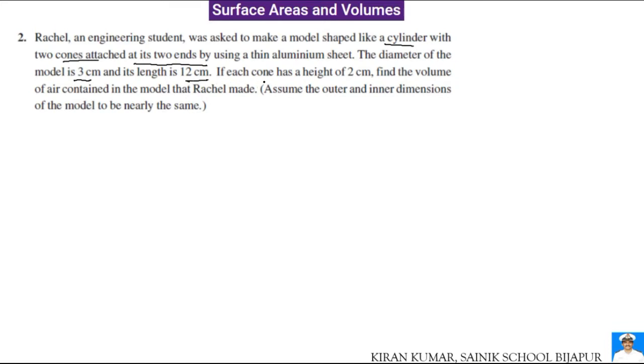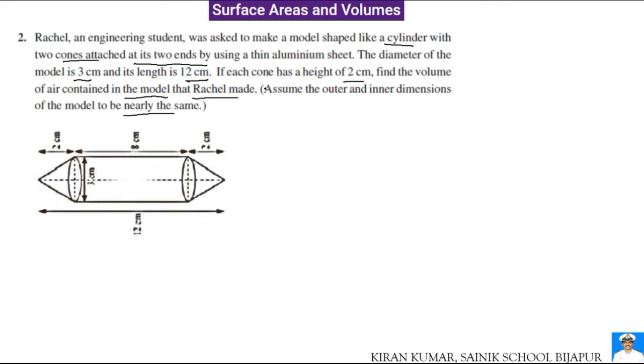If each cone has a height of 2 centimeter, find the volume of the air contained in the model that Rachel made. Assume the outer and the inner dimension of the model is nearly the same.